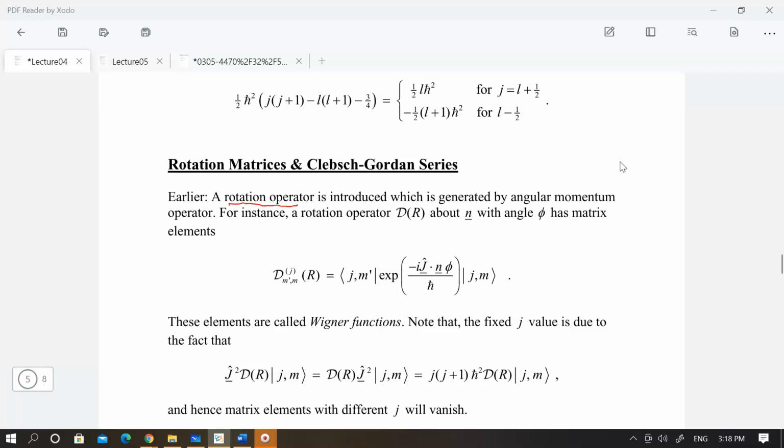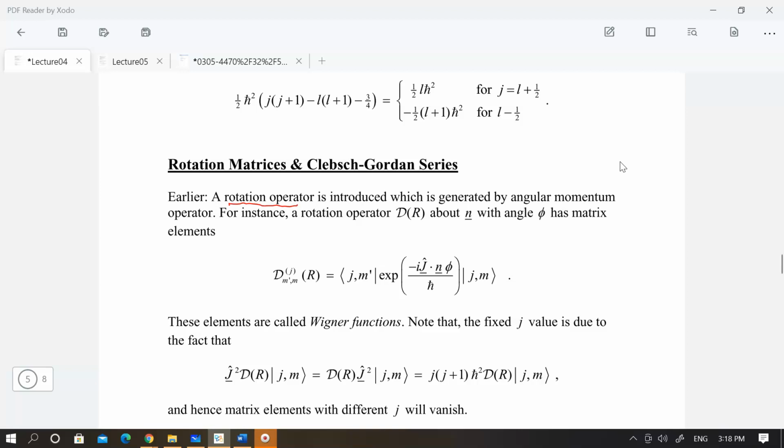So generally you can have this axis that projects onto a particular direction, so that will be your rotation axis, and then this operator can be given some kind of matrix form by expanding it with respect to the total angular momentum eigenstates.